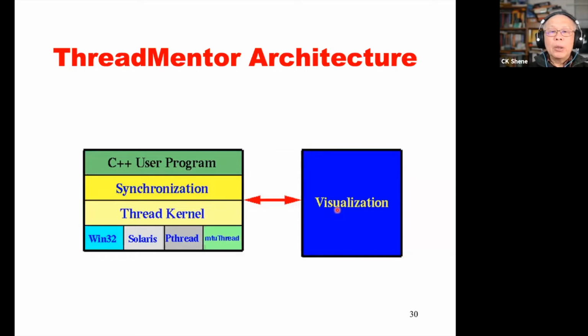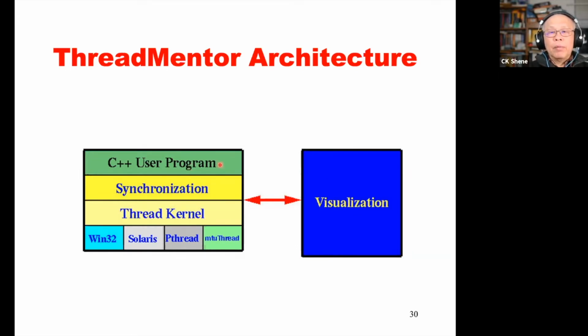So why do we design the visualization to run in a separate address space? The reason is very simple. For a beginner, your program initially would be rather buggy. And what if your program crashed due to a reason in your program?